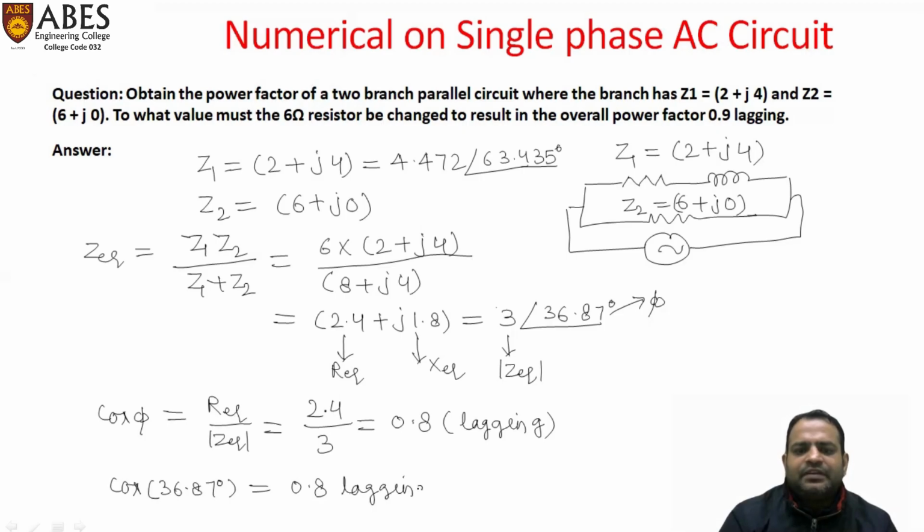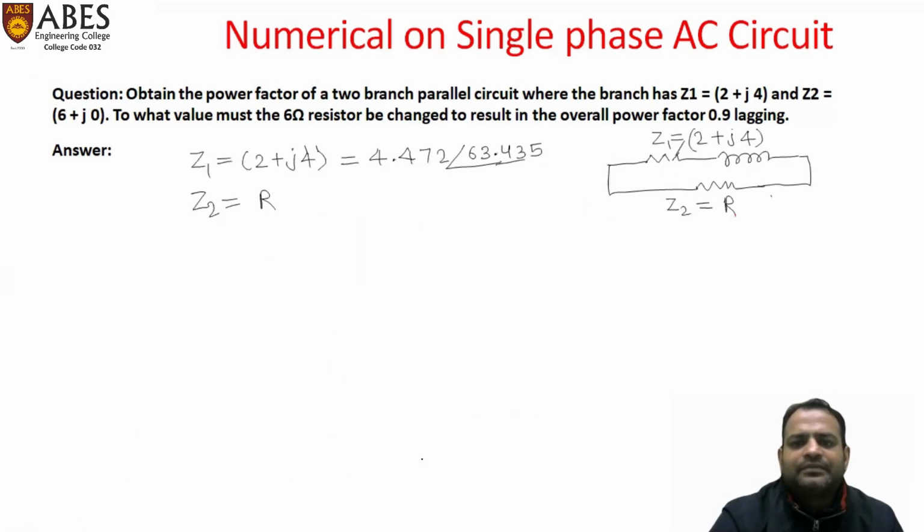So in such a way, we will find out the power factor of any two series parallel circuit. Now we have to change the value of 6 in such a way that our power factor would be 0.9 lagging. So this is the Z1 and we are taking Z2 as R. So what is the Z new?